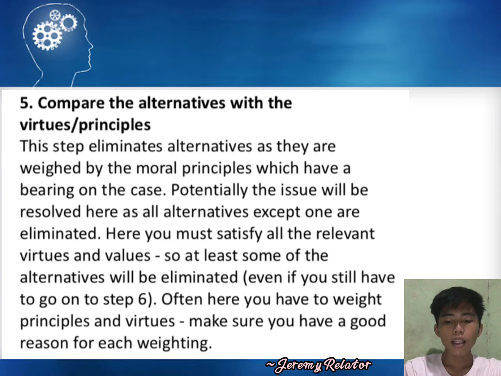Here, you must satisfy all the relevant virtues and values. So at least some of the alternatives will be eliminated, even if you still have to go on to step 6. Often, here you have to weigh principles and values. Make sure you have a good reason for each weighting.